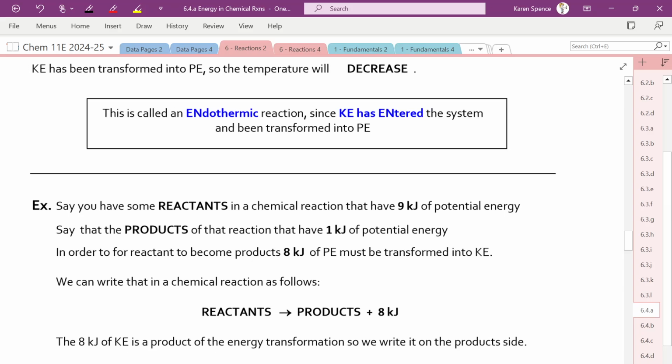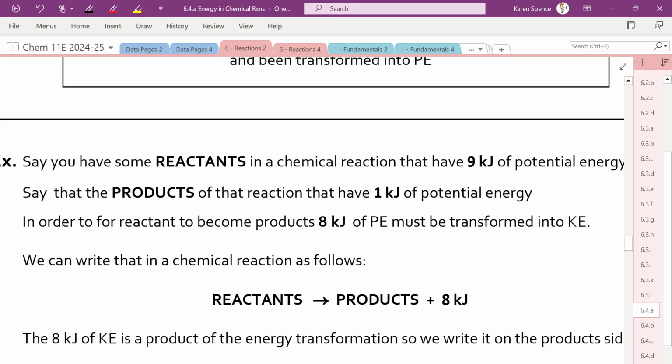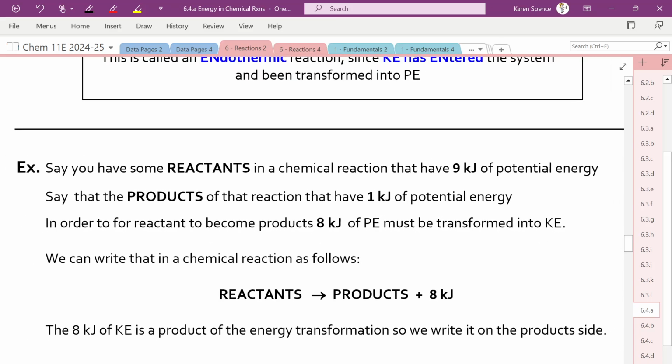All right, second example, let's say you have some reactants in a chemical reaction and they have 9 kilojoules of potential energy. And our products have 1 kilojoule of potential energy.